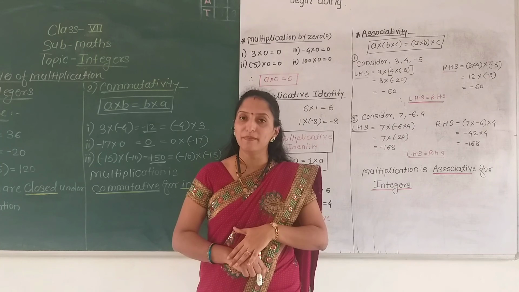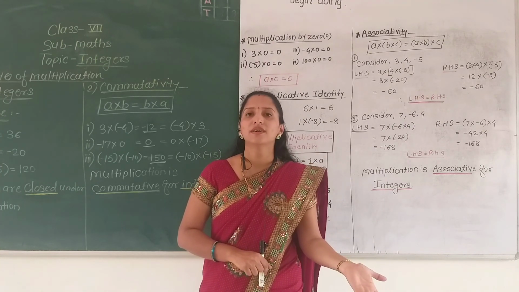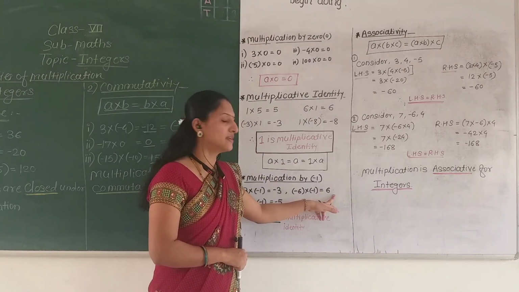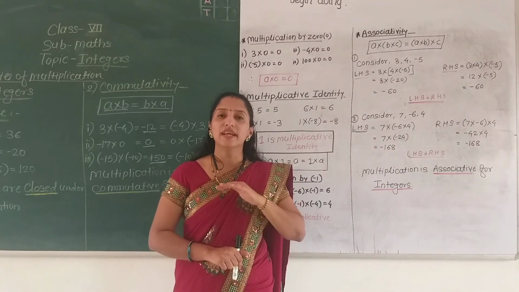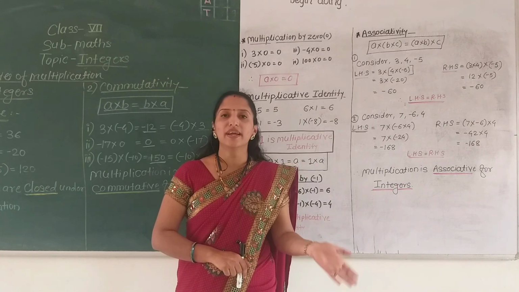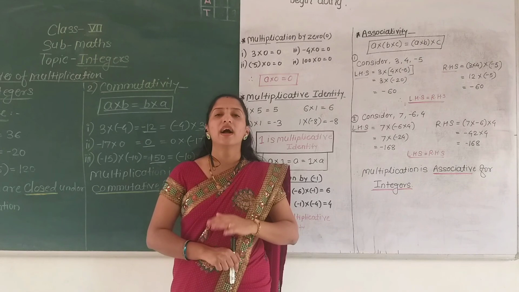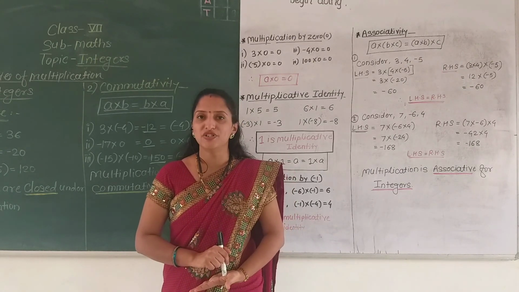And when we multiply negative 1 with any integer number, we do not get the same integer; the sign of the integer changes. If the integer is positive, after multiplication by negative 1 we get a negative integer. If the integer is negative, after multiplication by negative 1 we get a positive integer.